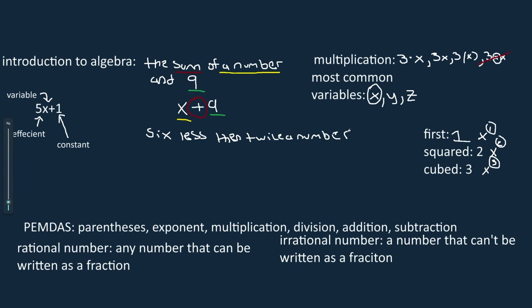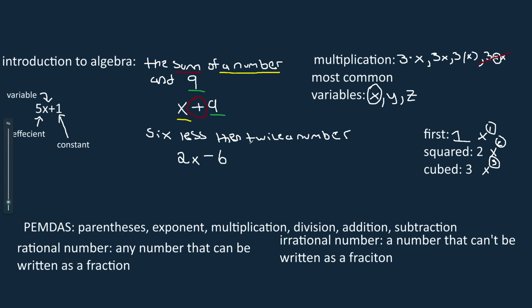Another mini word problem we could have is 6 less than twice a number. So twice a number is, so 6 less is minus 6. But minus 6 what? 6 less than twice a number that we don't know.